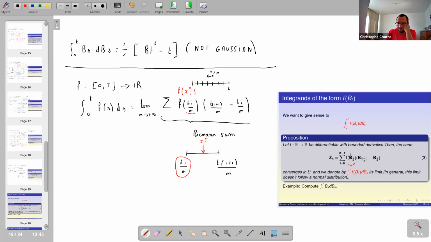Because when I make this choice, I have this random variable, B at t_i over n, that is independent of my increment B at t_{i+1} over n minus B at t_i over n. So I have independence between these two random variables. And the fact that I have independence will be very important for what I want to obtain after. It's this key assumption that makes things work in this particular situation. So it's not possible for me to take anything I want inside here, contrary to what happened for the Wiener integral.